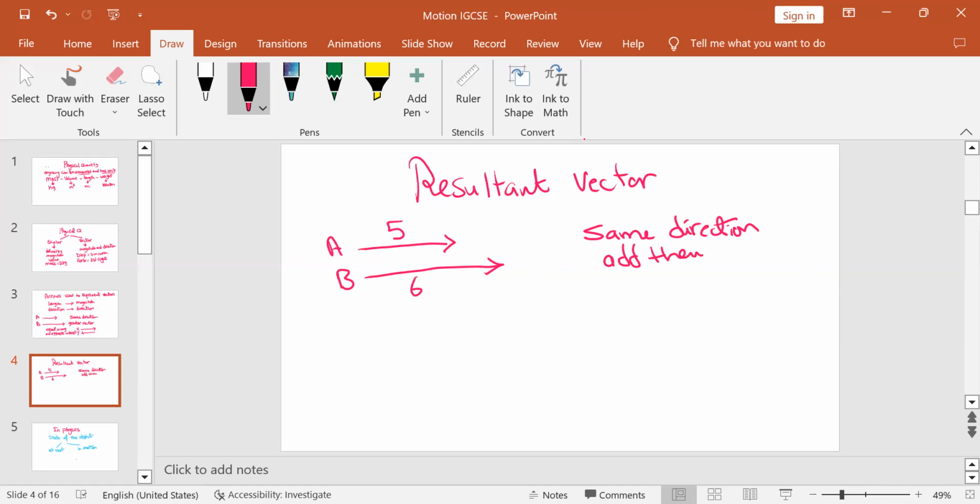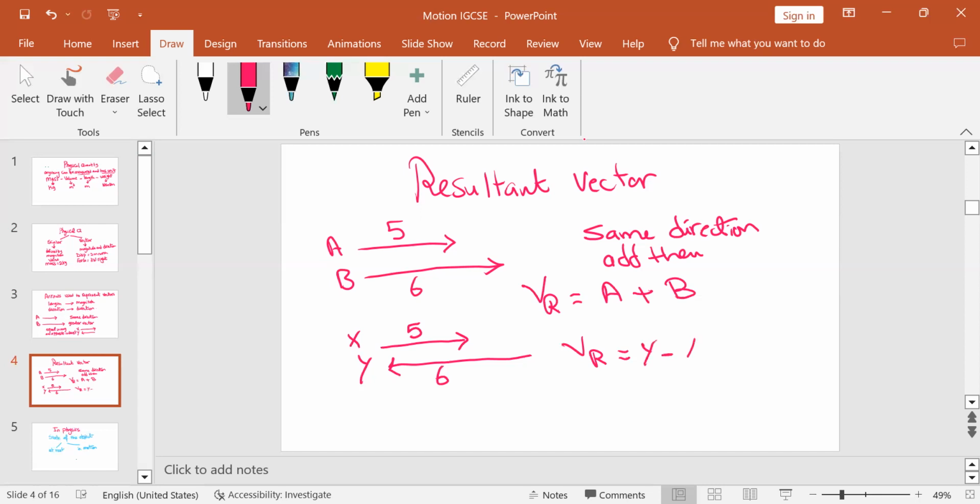So to find the resultant vector, it will be vector A plus vector B. If they are in opposite direction, we have the same two vectors but working in opposite directions. To find the resultant of these two vectors, we're going to subtract. Bravo. So it will be y minus x.